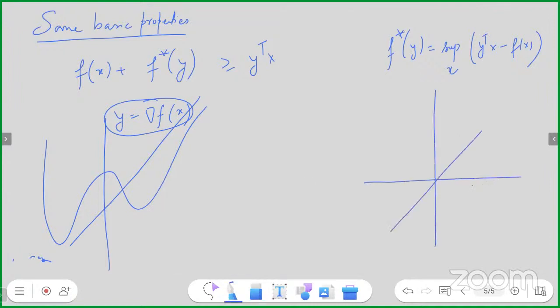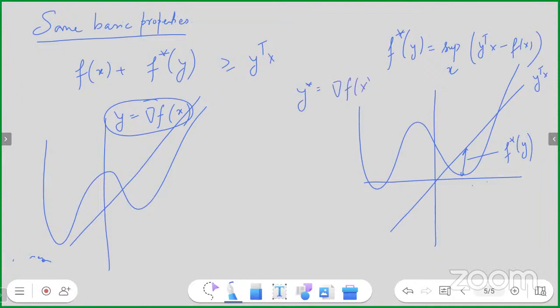That's my y transpose x, and this is my function. This is what f star of y was. Now, given that y star is equal to del f of x star, I'm just putting a star to note that they're special: the optimizing x star satisfies this relationship. If you don't like y star, let me remove it.